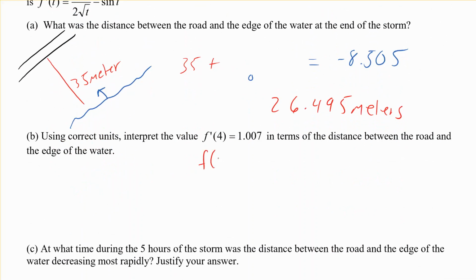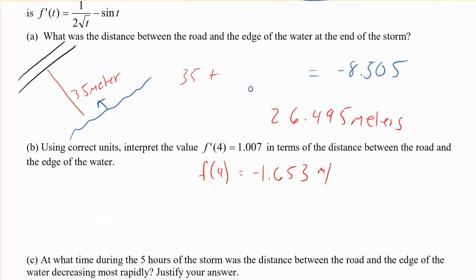What is the actual rate at 4? And I think that we get negative 1.653. And I think that number makes sense. So that's in meters per hour.